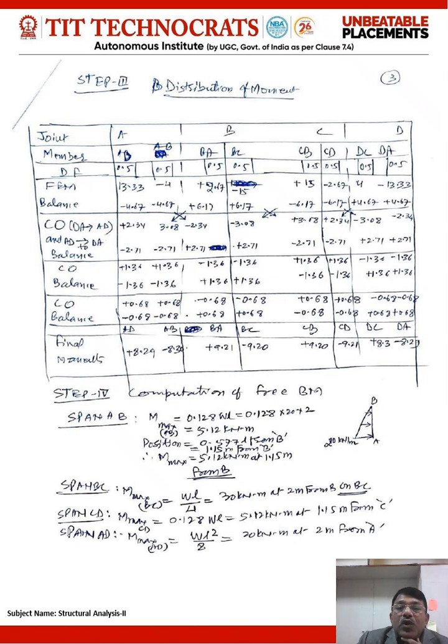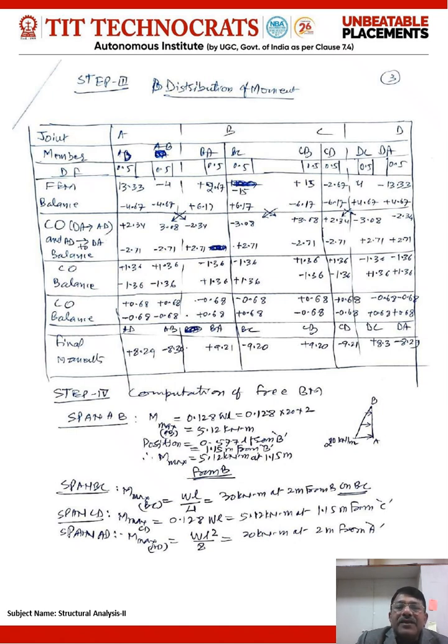Now it is time to go for the moment distribution. From A, the moment would be carried over to the far end D in the member AD, and in the case of joint D, the moment would be carried over from joint D to the far end A, and vice versa.